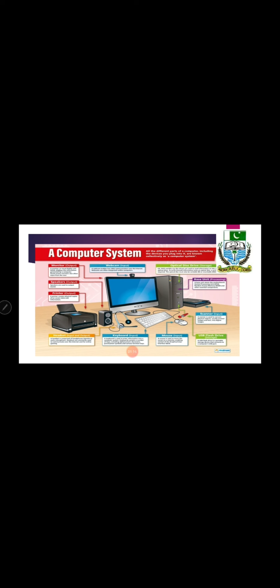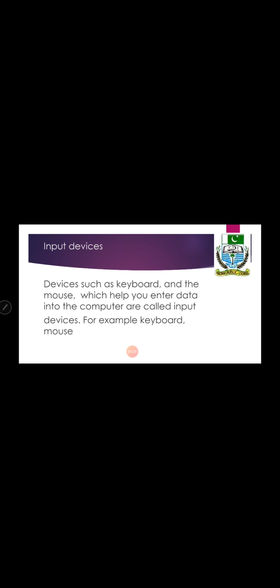These devices are used for different purposes. They are categorized into two main groups: input and output devices. First of all, we will discuss input devices. Devices such as the keyboard and the mouse, which help you enter data into the computer, are called input devices.